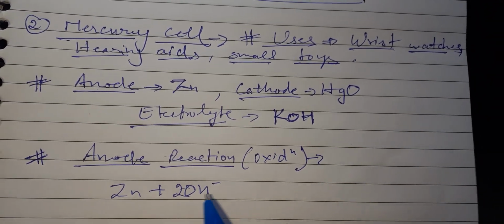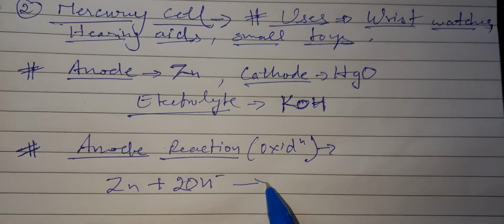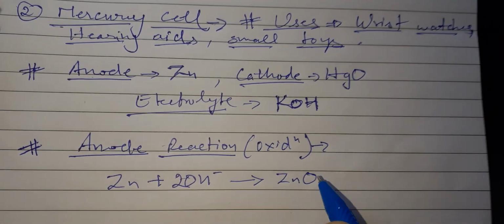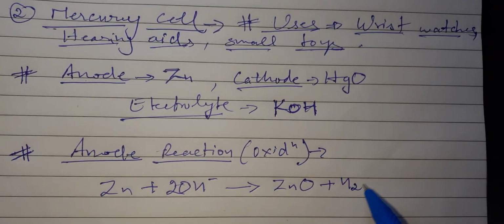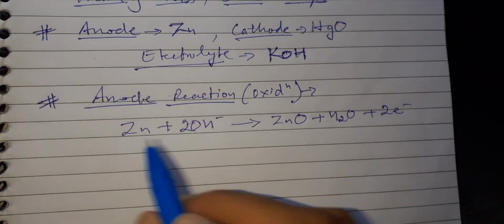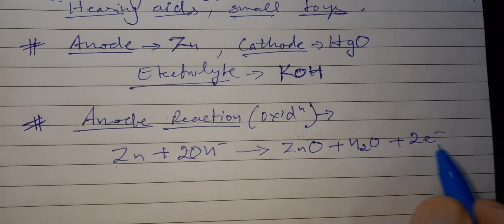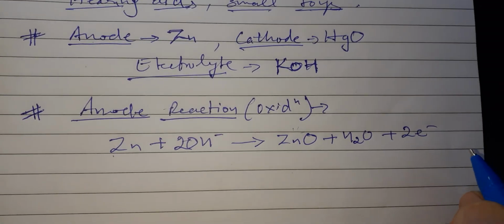Basically here also oxidation of zinc takes place. The zinc is oxidized into zinc oxide plus water molecule plus 2 electrons. If you look at this, it is a balanced equation. Zinc is changed into zinc 2+ ions plus water plus 2 electrons.